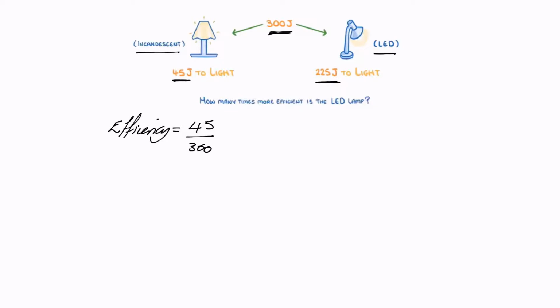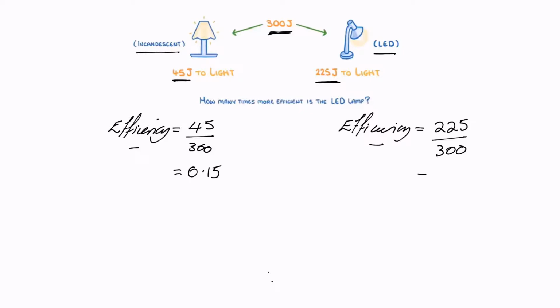Okay, so the efficiency for the LED lamp is going to be the energy you got out as light, which in this case is 225, and the energy you put in was the same, 300. So straight away, this one is going to be more efficient than this one because you can't get as big a number doing the actual calculation. Okay, so putting these numbers into calculators, for this one I get 0.15.